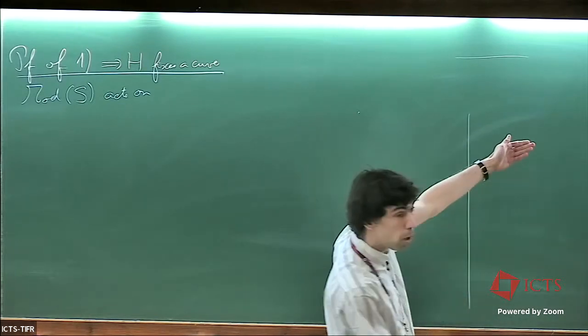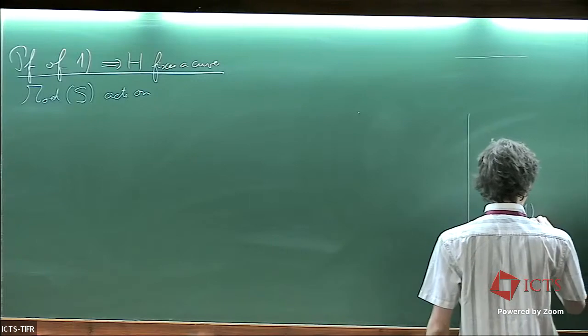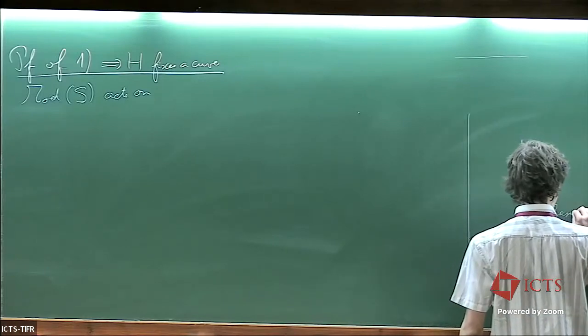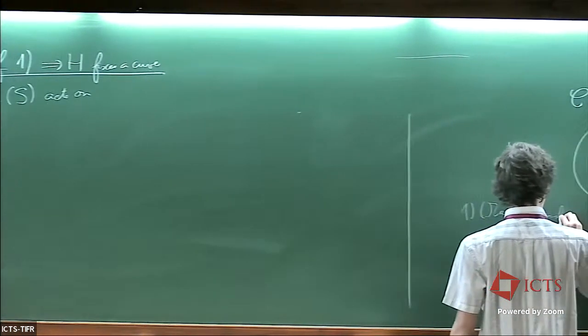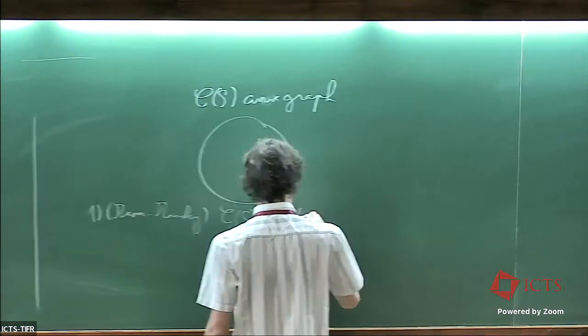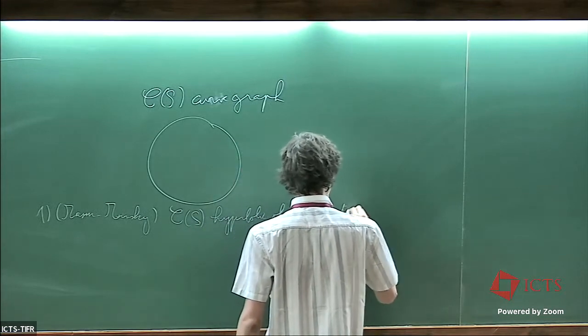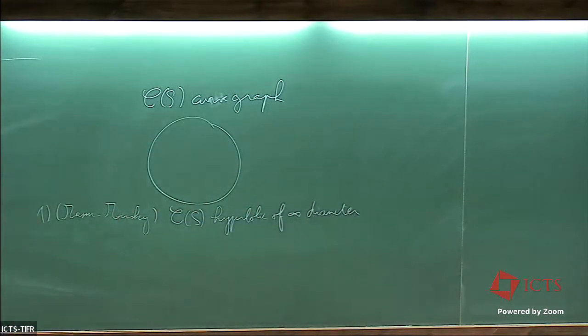Okay, so what are the good properties of the curve graph? So first, Masur and Minsky proved that it's hyperbolic, of infinite diameter. So we have a negatively curved space.